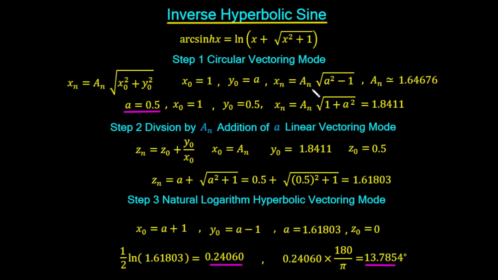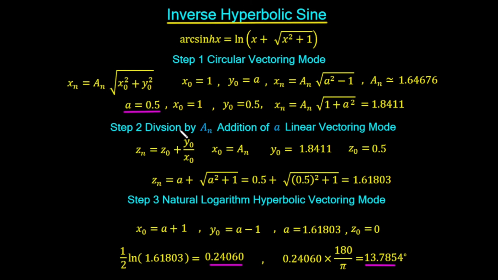Now we're going to have to divide this by the factor of an, and we're also going to have to add on the factor of a, which in effect is just this x here. So we're going to use the same process as we did in the previous video.